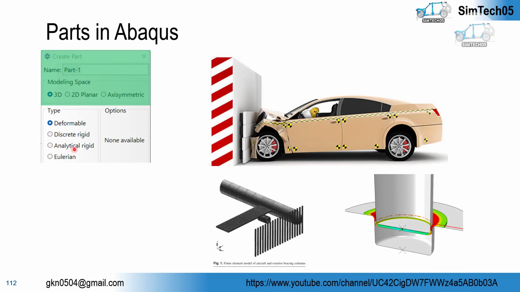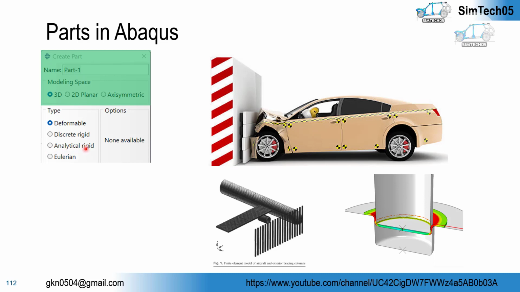The rigid component has some predefined shape, not an arbitrary shape. So that's analytical rigid. Like we can say a half sphere, or a half circle, or some cylindrical shape. If you want to utilize this predefined shape as a rigid component, then you can use analytical rigid.